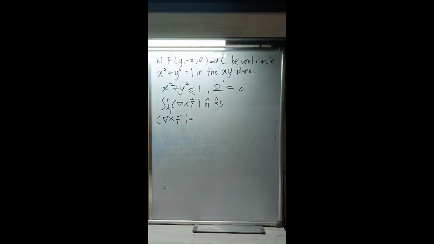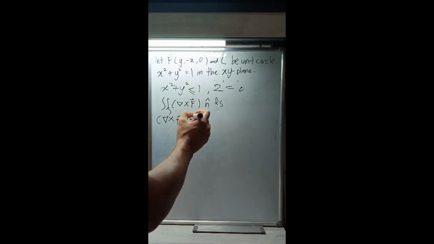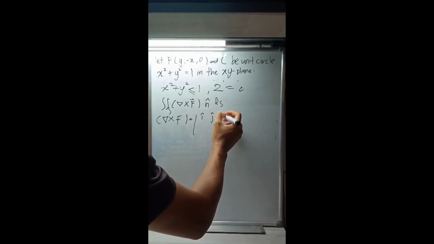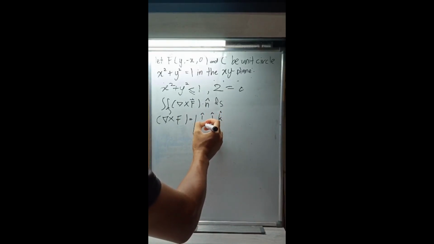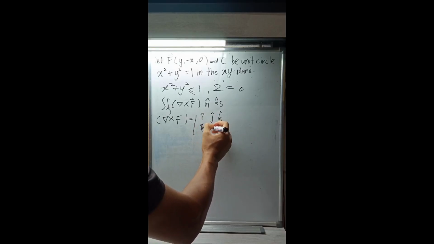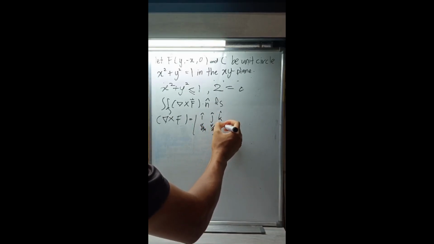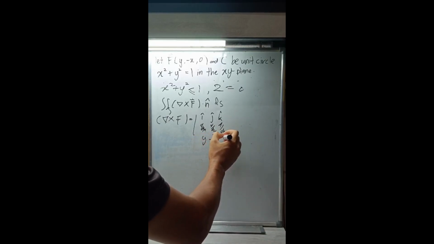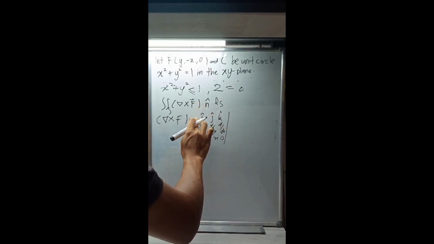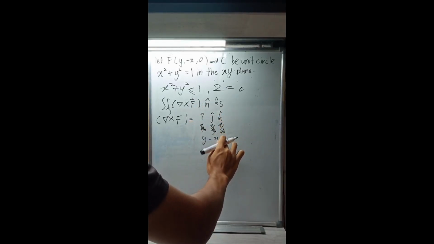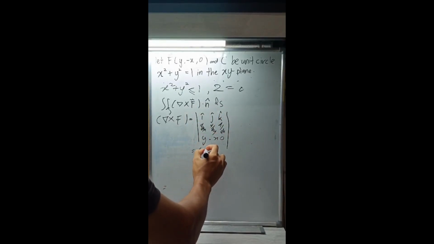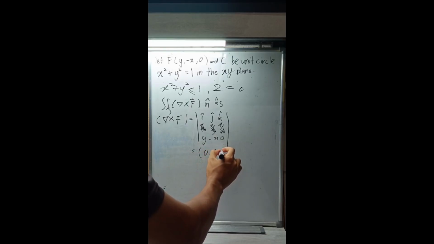The cross product is the determinant with ∂/∂x, ∂/∂y, ∂/∂z. So this will be ∂/∂y, ∂/∂t, and x is 0. The answer is 0, 0, -2.